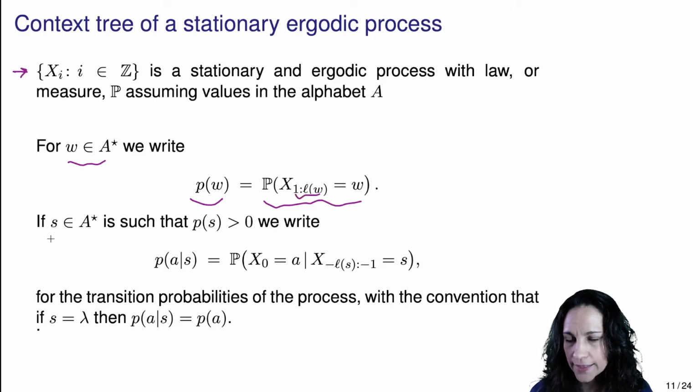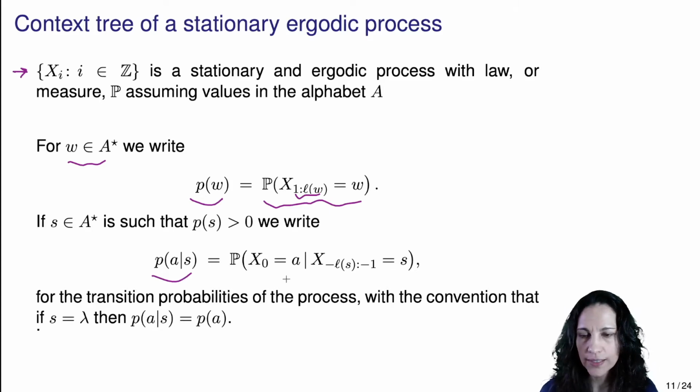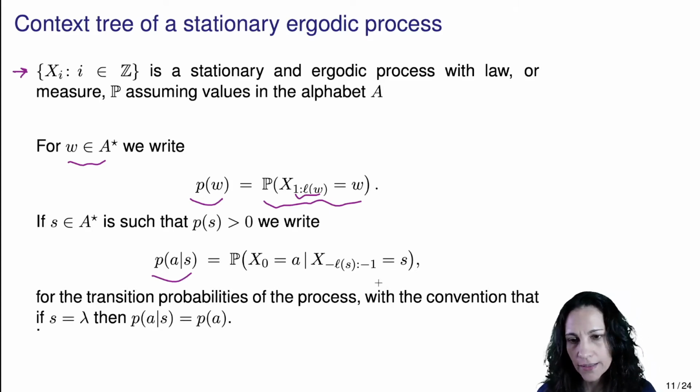Now, if s is a finite sequence such that P of s is greater than 0, we write P of a given s as the transition probability of the symbol a given that the past sequence is s.